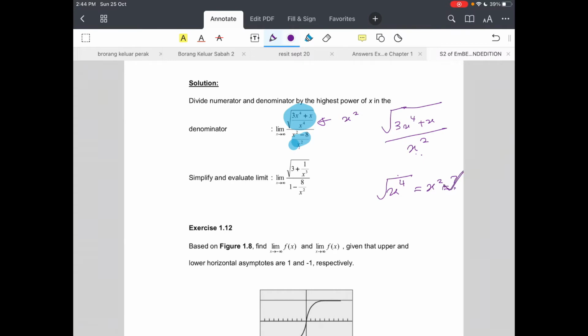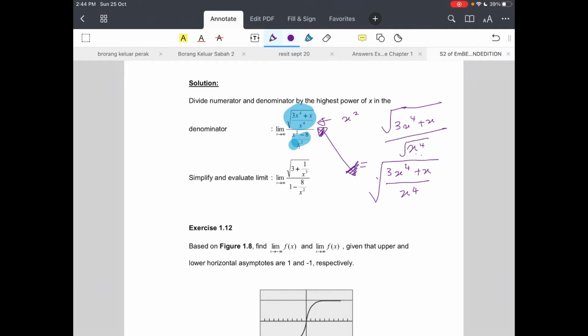Of course true. So we can straight away plug in the square root of x to the power of 4. Since we are dividing square root over square root, you can also write it like this, over x to the power of 4. This is what we got for the numerator part.